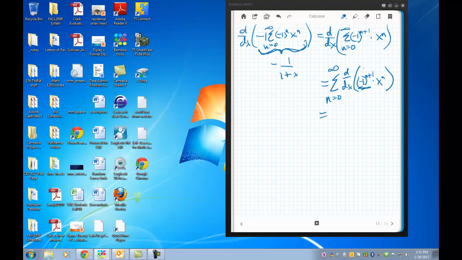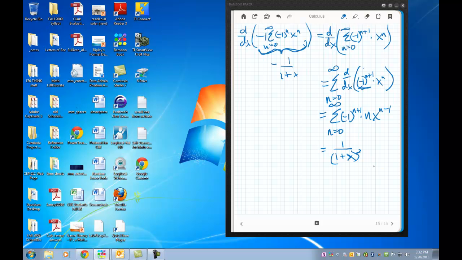So this becomes the sum as n goes from 0 to infinity of what? Well, the negative 1 is a constant, n plus 1. There's no x involved with this, and this becomes n x to the n minus 1, which is equal to 1 over 1 plus x squared.